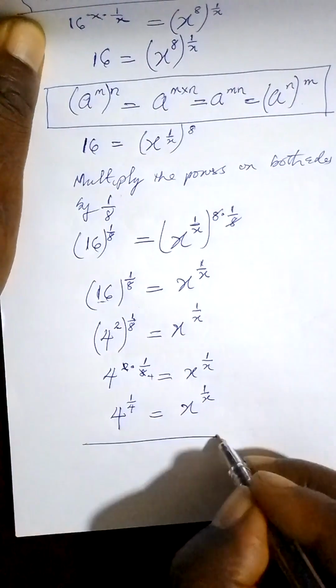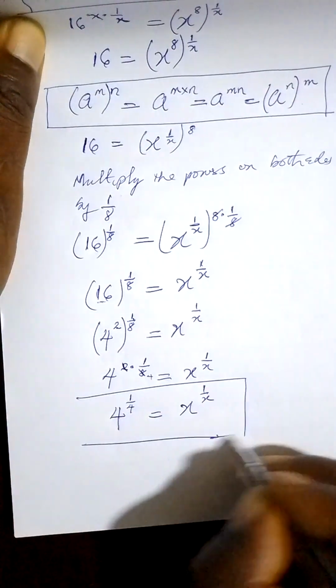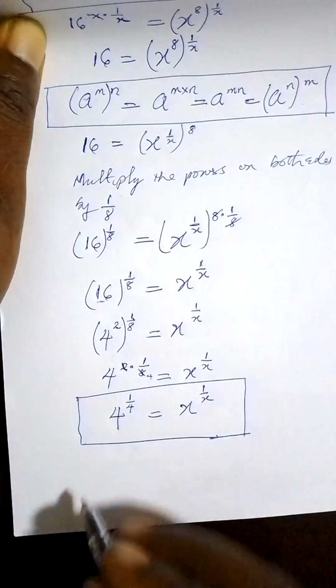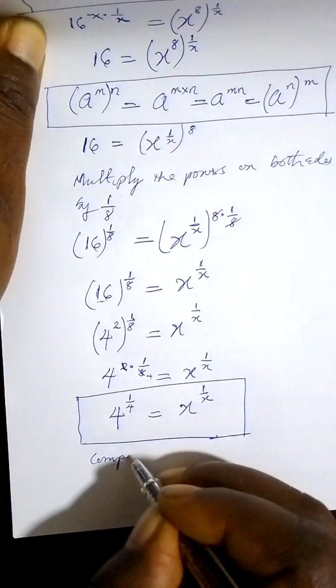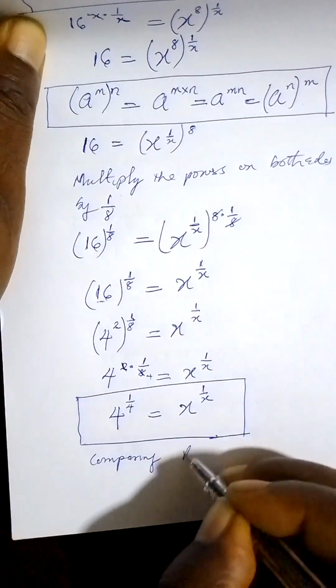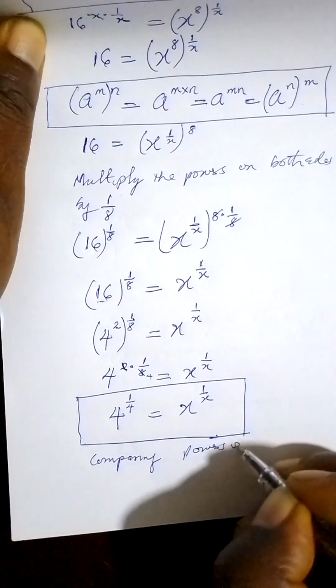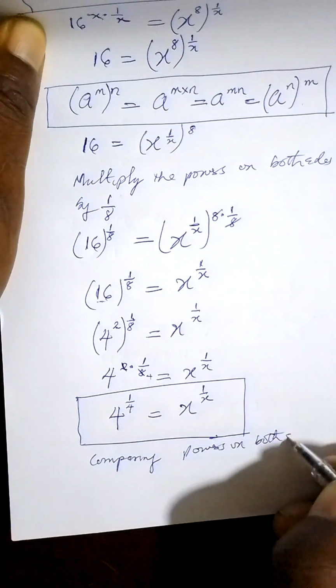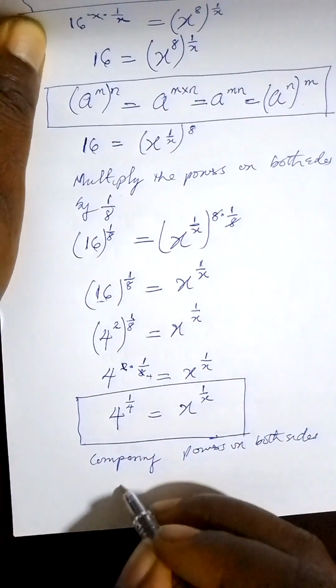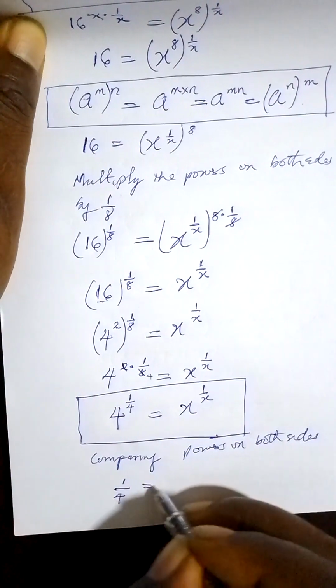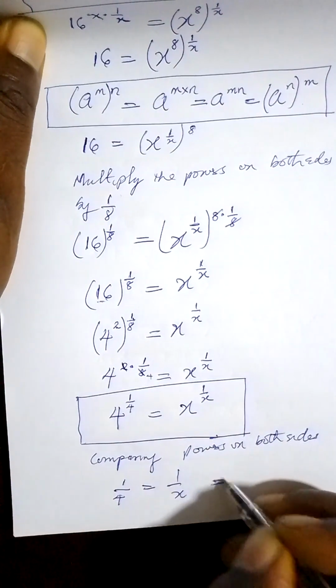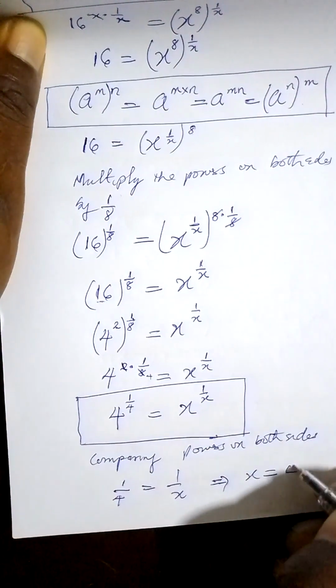So you can see that on both sides we can compare the powers and also compare the base. So comparing powers on both sides, we see that 1 over 4 equal to 1 over x, which gives us x equal to 4.